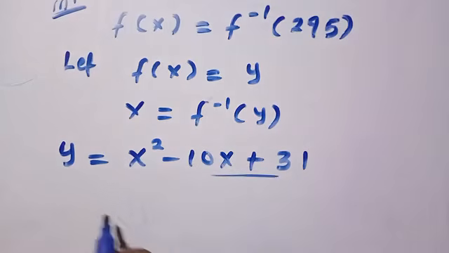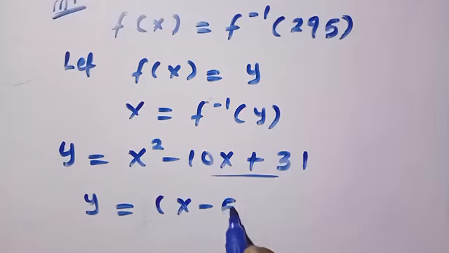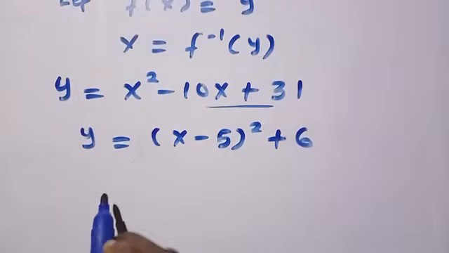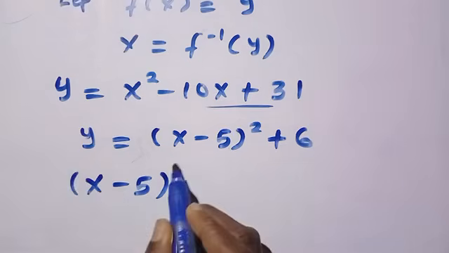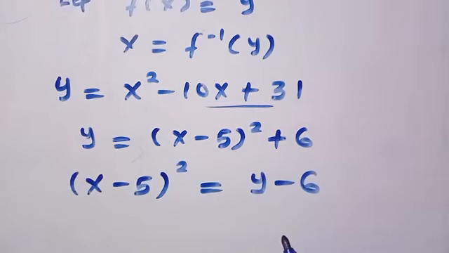You can just reduce it to y equals x minus 5 squared, adding plus 6 to it. This is still the same thing. Then let's take this 6 to this side. So we have x minus 5 raised to the power of 2 equals y minus 6.